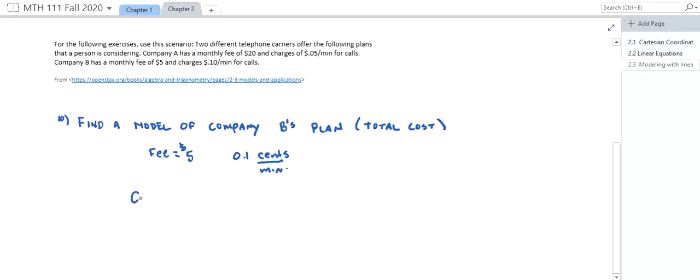Well, our cost looks like it's going to equal a fee here that we pay every month plus some 10 cents per minute times the number of minutes.